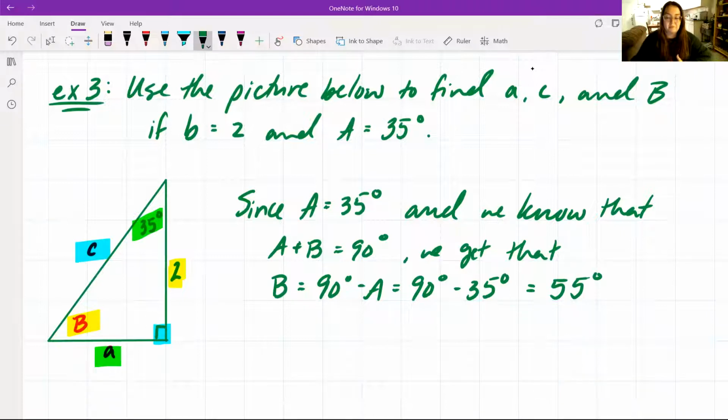So B is equal to 55 degrees. Let's write that down. B equals 55 degrees. So now we know our angle B.